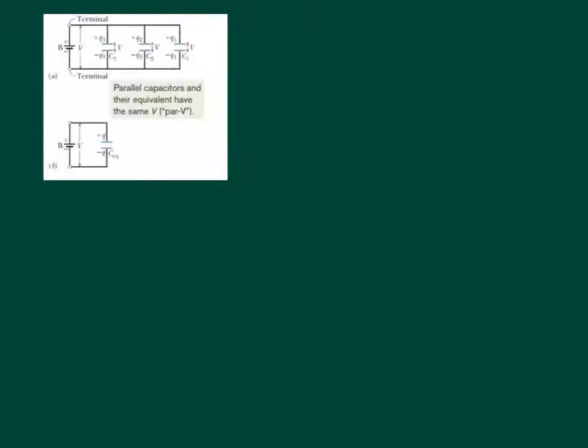It reads: capacitors connected in parallel can be replaced with an equivalent capacitor that has the same total charge Q and the same potential difference V as the actual capacitors. So how to interpret that?